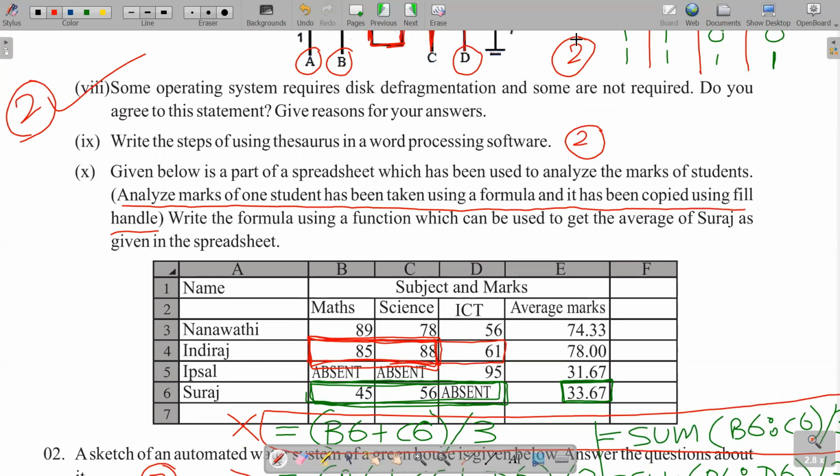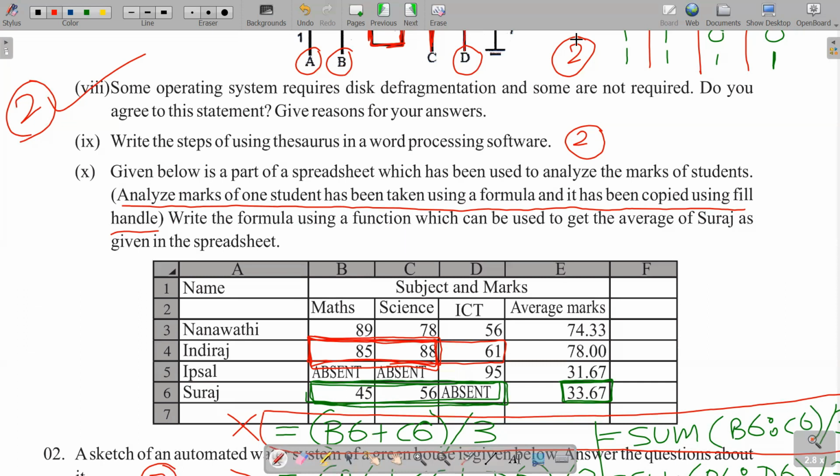So anyone who scores 20 out of 20? Yes. Okay. 19, 18, 17.